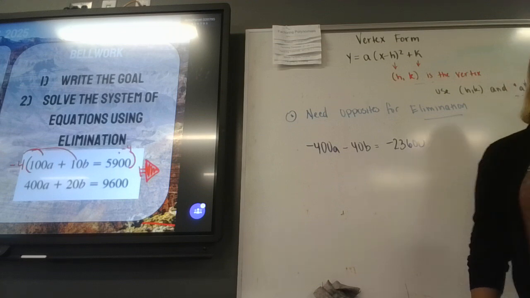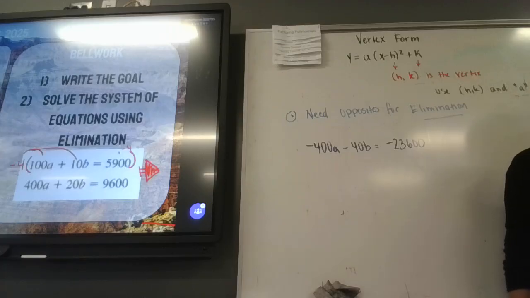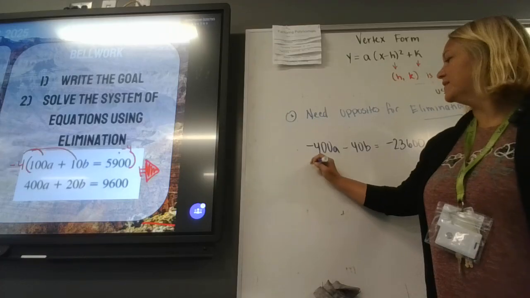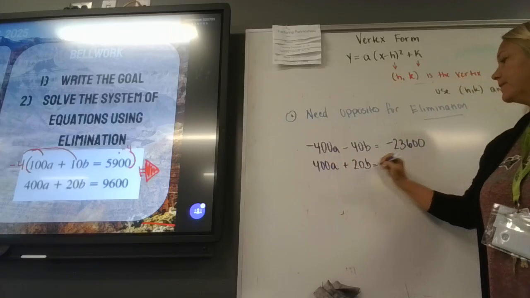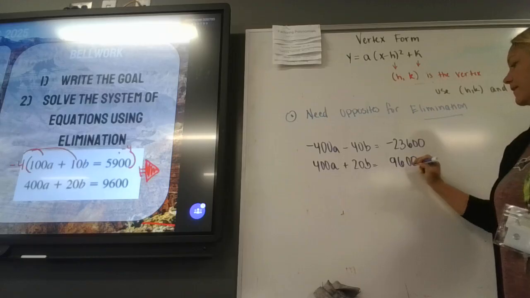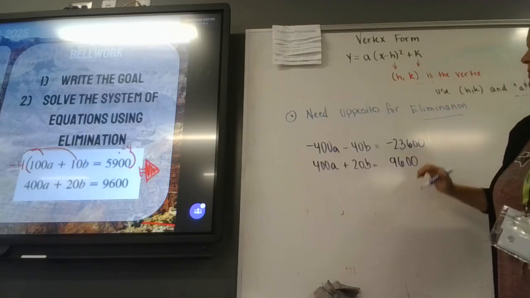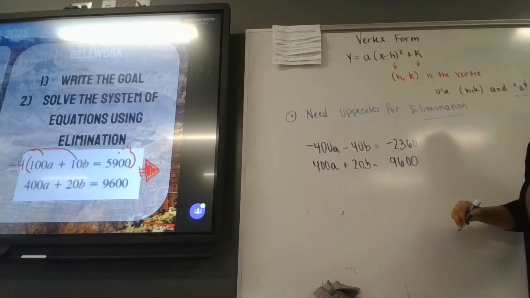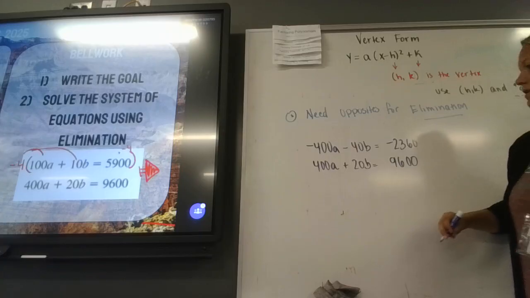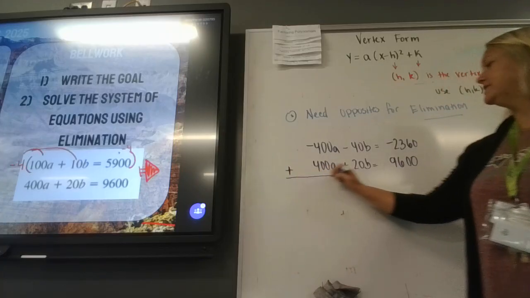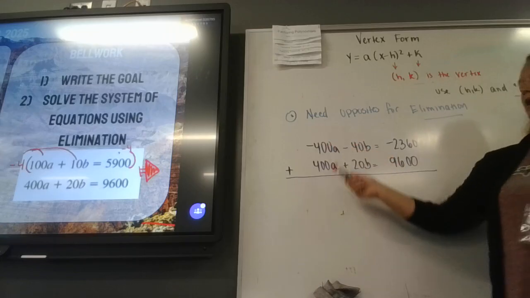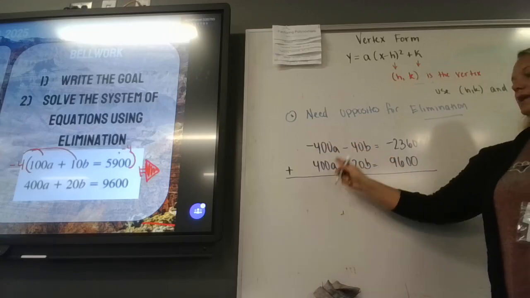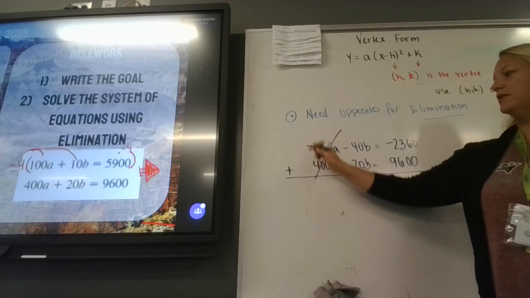I think maybe 500. 600? Okay. Yeah, you are. Now, this is elimination when you add down. And I think maybe that's what you meant when you said combine like terms. I don't know. So now that we have opposite 400s, we can add down. Negative 400 plus 400 is out. That's eliminated.